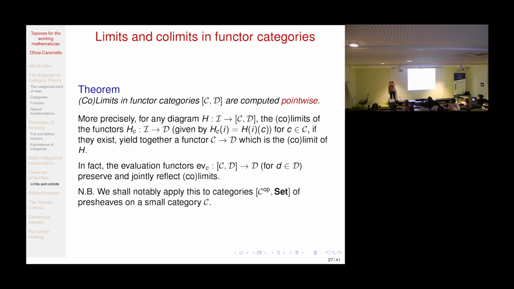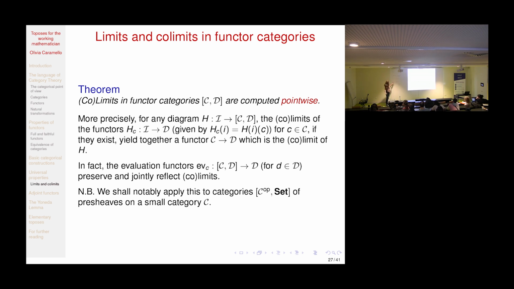Because what you can do is, for any fixed object C of the source category, you can consider the evaluation of the given functor at the object C. Of course, this is functorial because if we have a natural transformation, namely an arrow in this category, from a functor f to a functor g, by evaluating, we get the component at the object C of this natural transformation. So it is a well-defined functor.